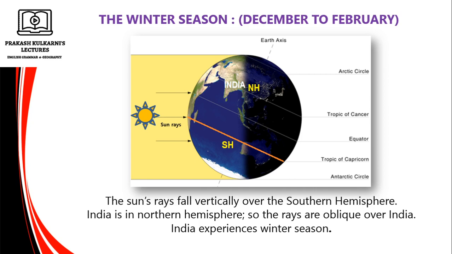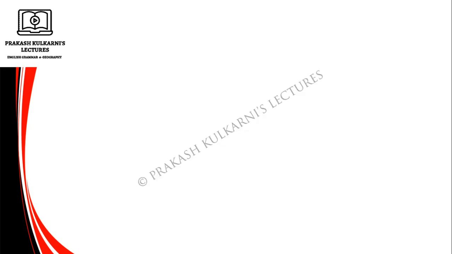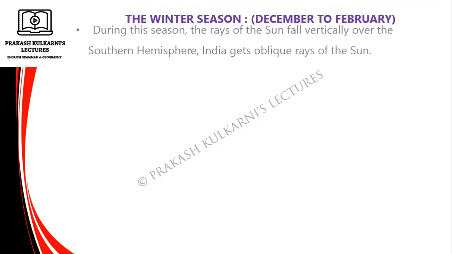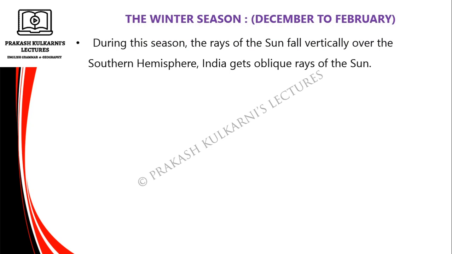Now you come to the subject matter here. The sun's rays fall vertically over the southern hemisphere. India is in northern hemisphere, so the rays are oblique over India. India experiences winter season. During this season, the rays of the sun fall vertically over the southern hemisphere.